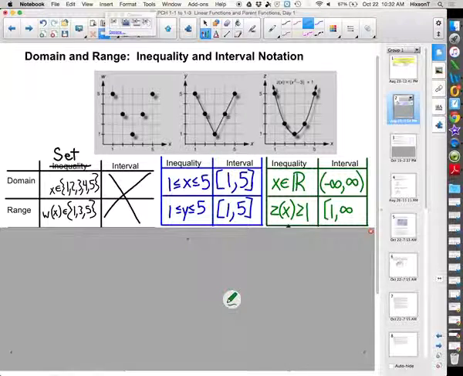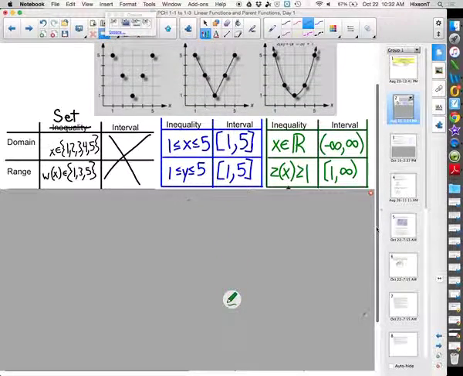Good, a bracket on this side and a parenthesis on this side. Any questions so far?